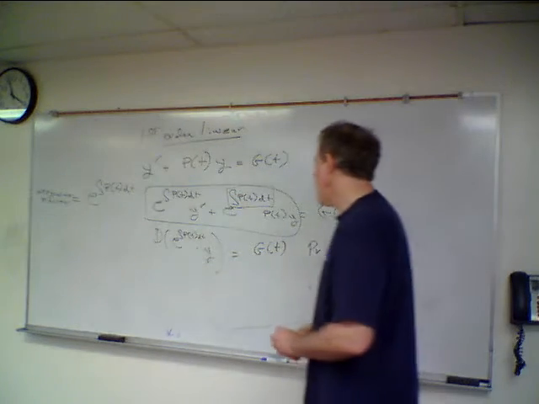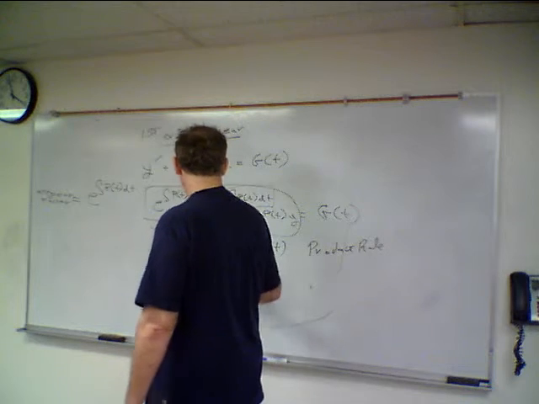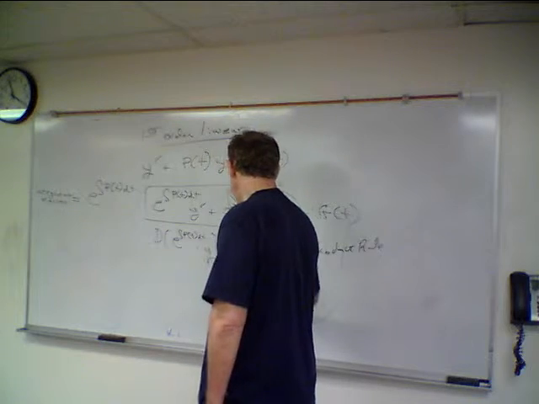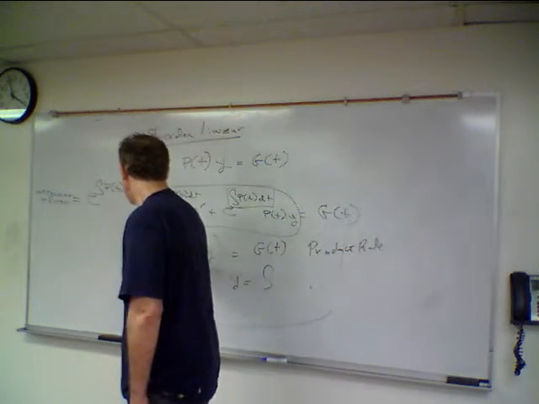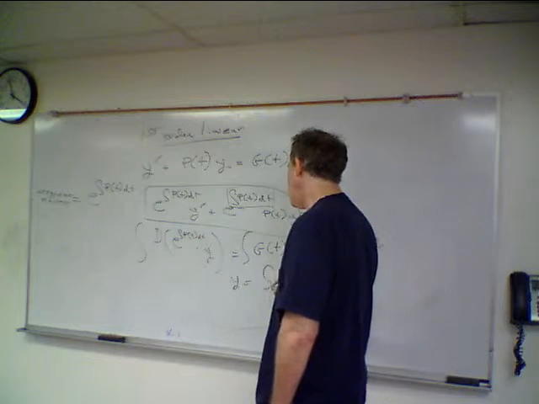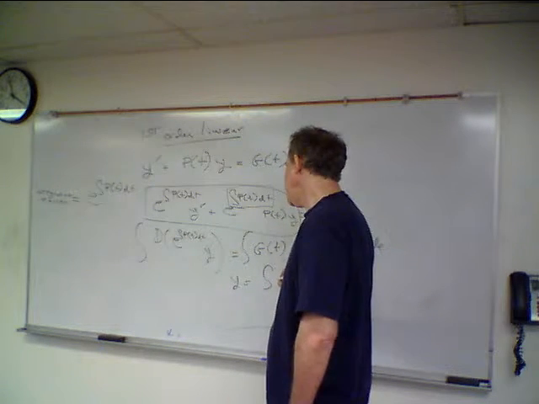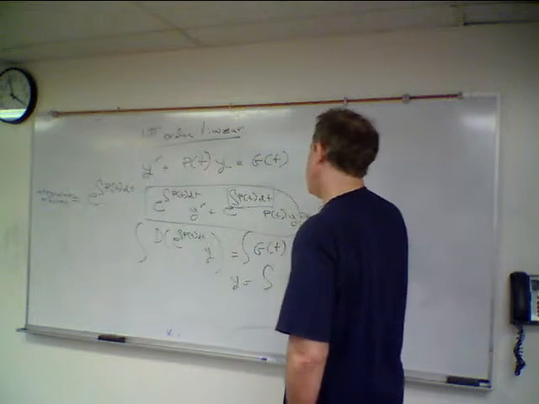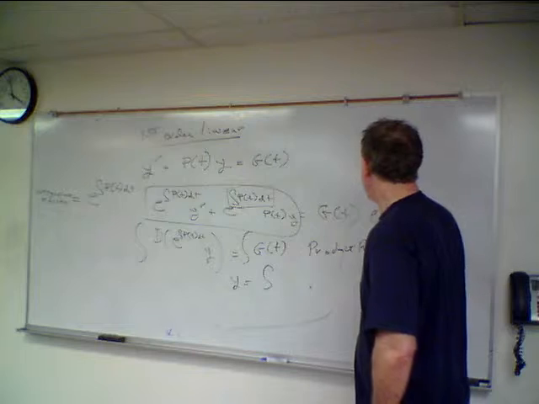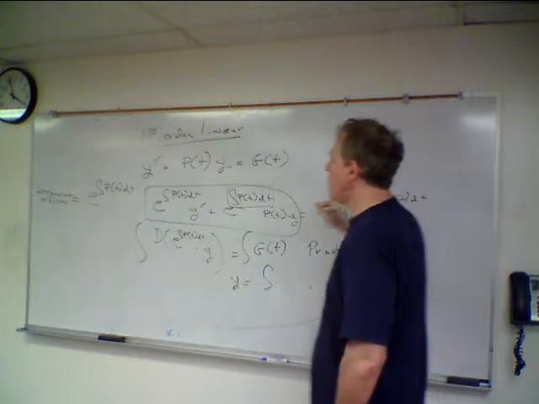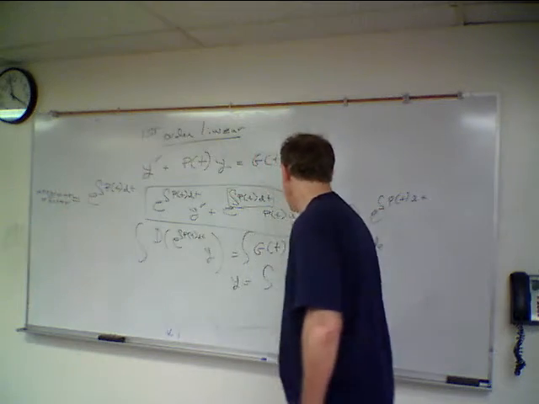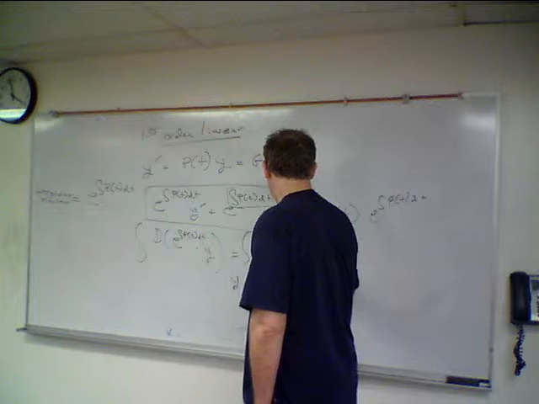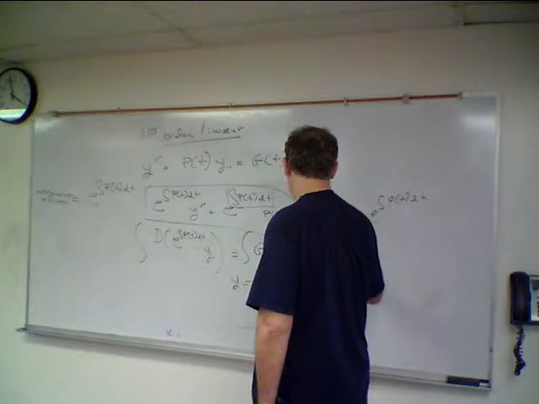Okay, so what we have now is we get the solution. We just integrate g of t. So in other words, you integrate both sides. I had to multiply over here by the integrating factor. I multiplied the whole equation, I just didn't write it over here.